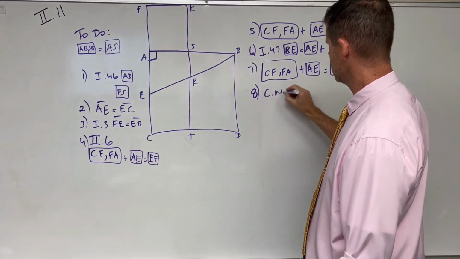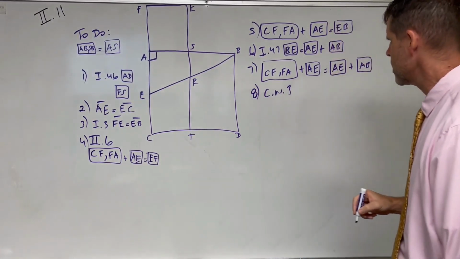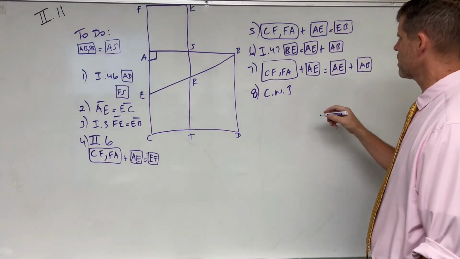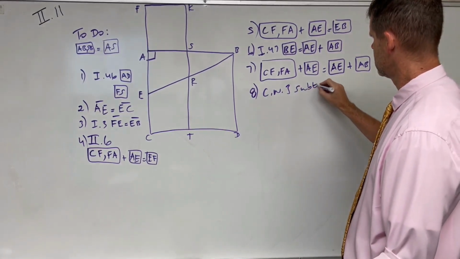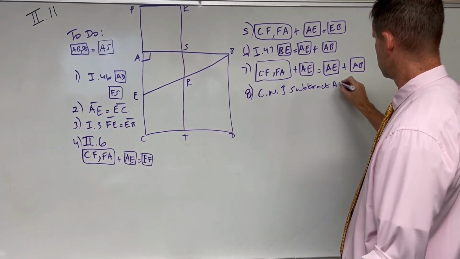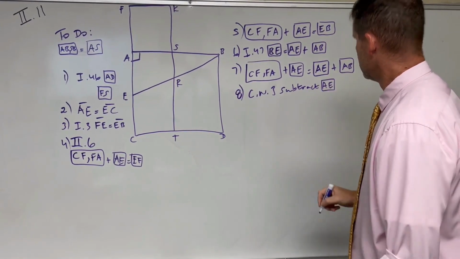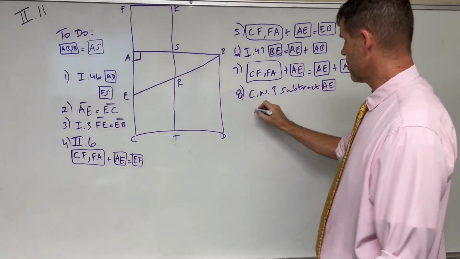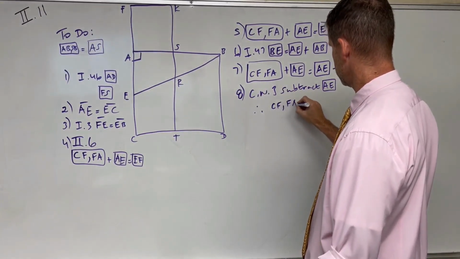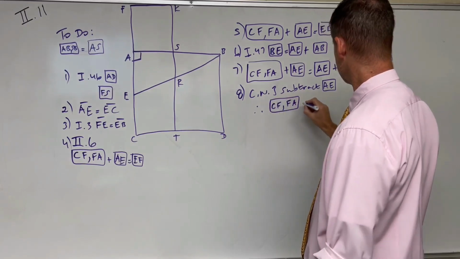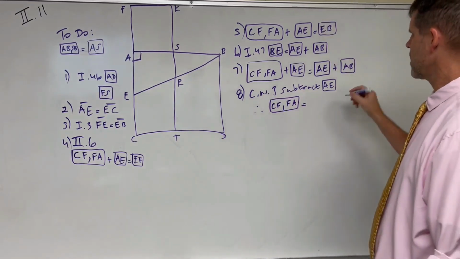Now we're going to utilize common notion 3, and we're going to subtract the square AE from both sides. Once we do that, we're going to be left with the rectangle CF, FA equaling the square AB.